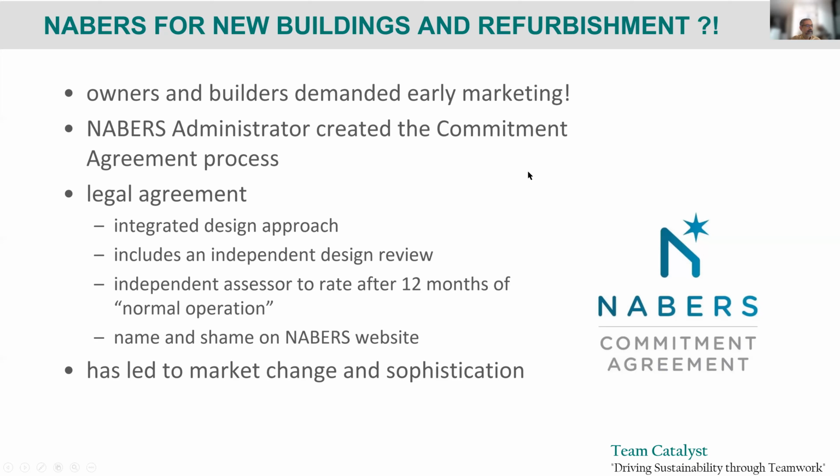So the government came along and said, well, if you commit to a legal agreement which says that my building will perform to a 5-star NABERS performance after it is built and has worked for 12 or 15 months, then you can market your building as having a commitment to work at a NABERS rating, whatever rating you go for.